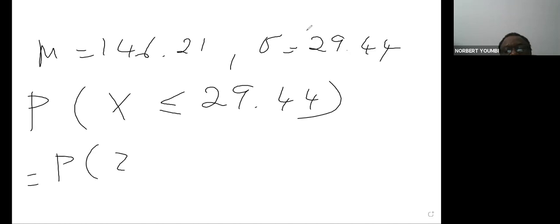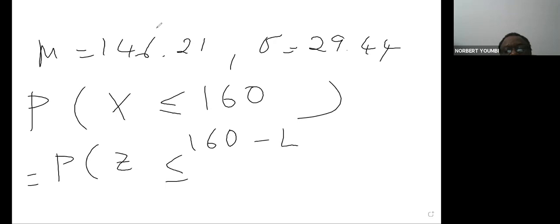We can say this is equal to the probability that Z is less than 160 minus 146.21, divided by 29.44.